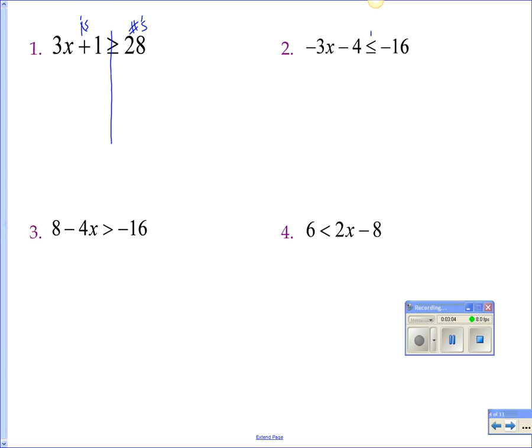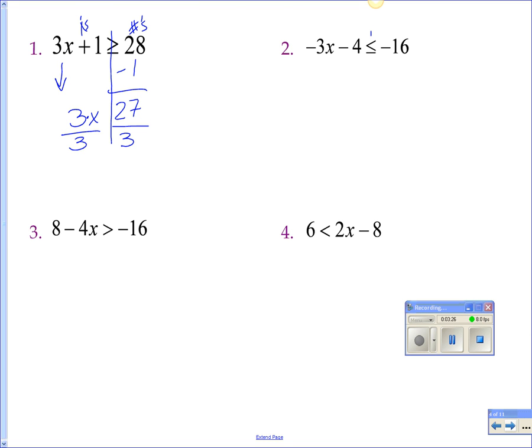All right, so guys, what needs to move to the other side? The 1, because it's a number, and instead of adding 1, I have to subtract 1. So I get 27, and I drop this down. And then what's the opposite of multiplying? Dividing. Okay, so here's my question to you. What am I dividing by?